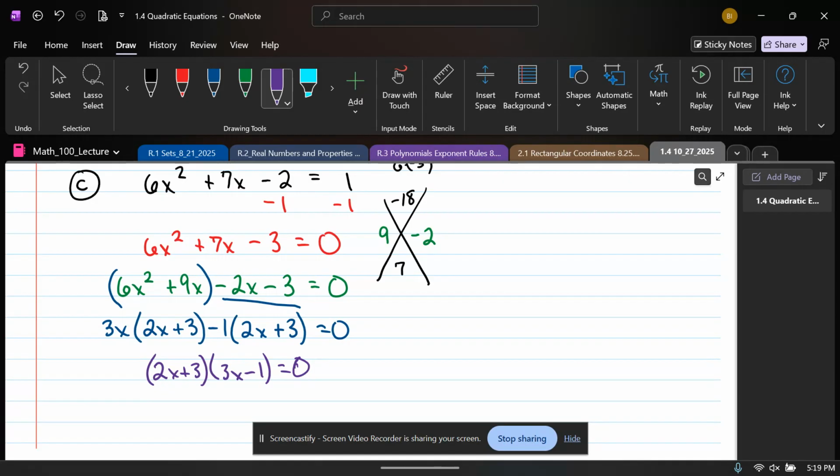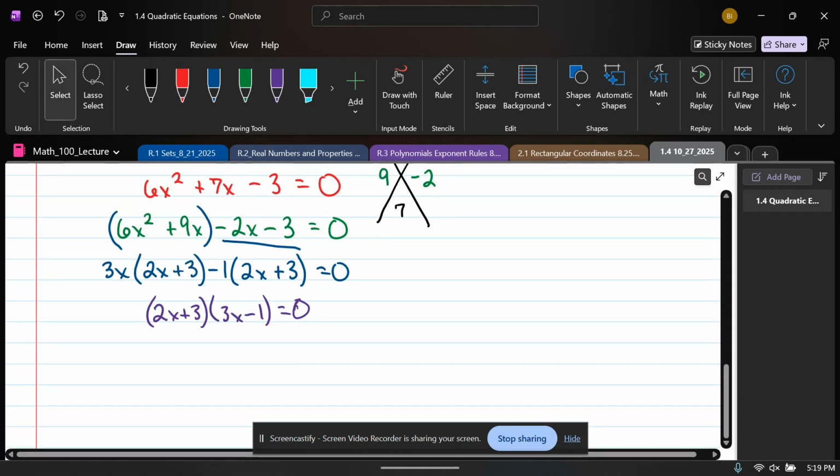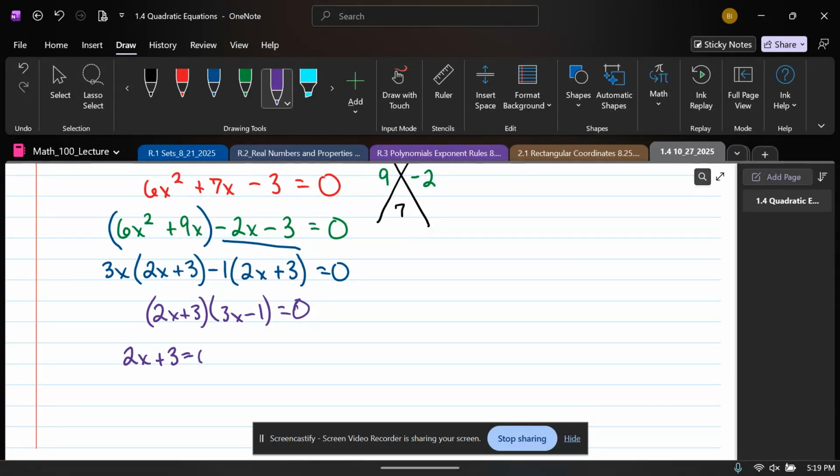It's a more difficult one to factor because it had that number in the front. But I'm going to take each of those factors and set them equal to 0. 2x plus 3 equals 0. 3x minus 1 equals 0. And I should get fractions when I get done here with the answers. I'm going to subtract 3. 2x is equal to negative 3.